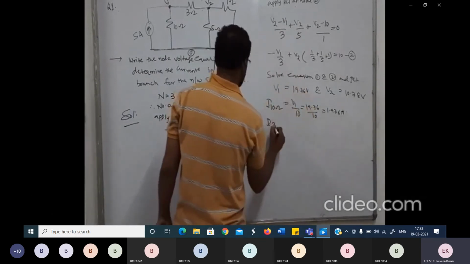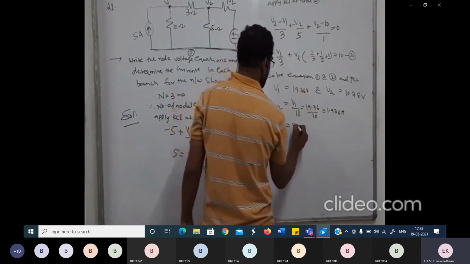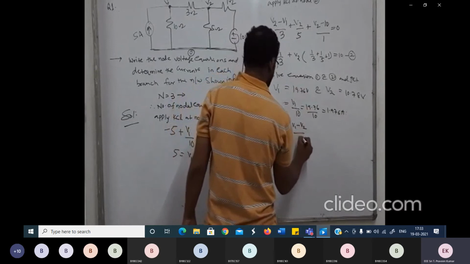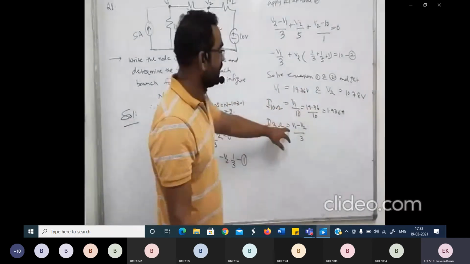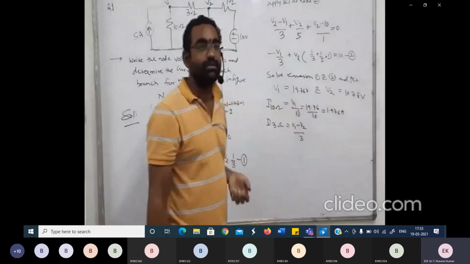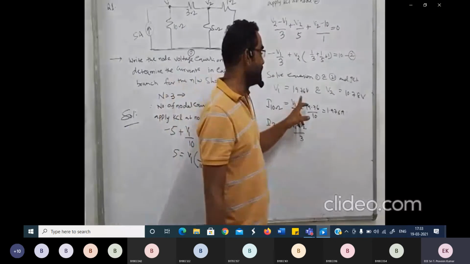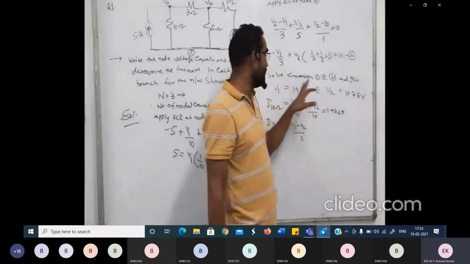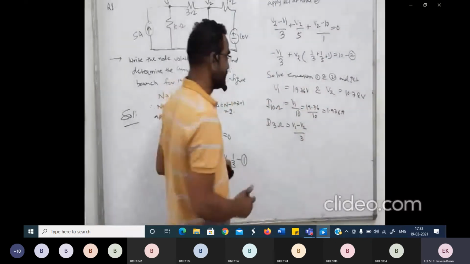Next, the current going to the 3 ohm resistor is (V1 minus V2) divided by 3. Now you can ask me, sir, why are you taking V1 minus V2 and not V2 minus V1? Because you can see this value is higher when compared to this value, so this is to be taken as positive.